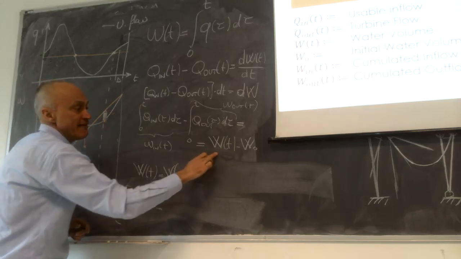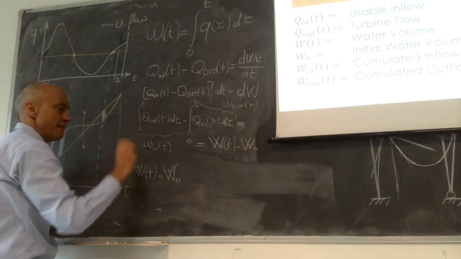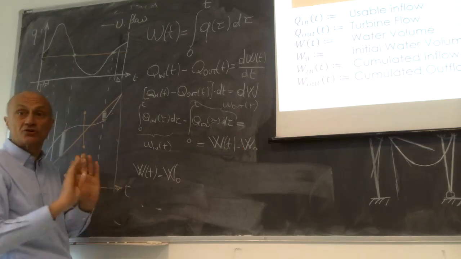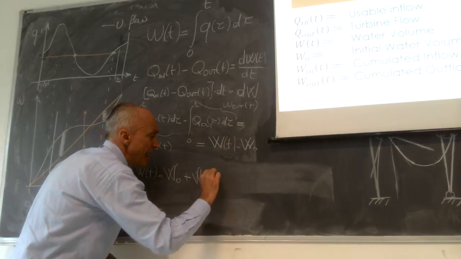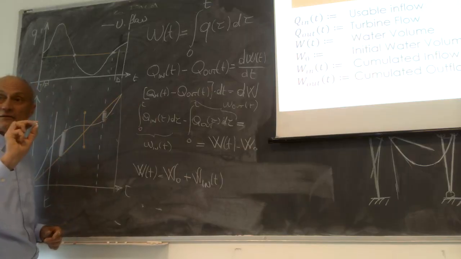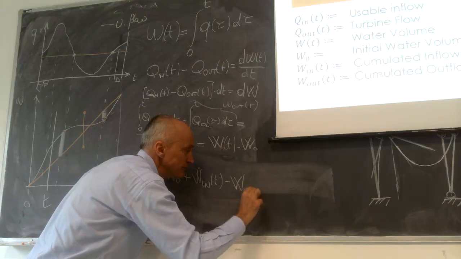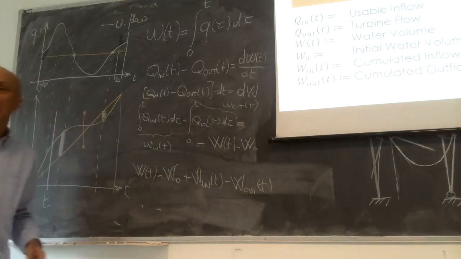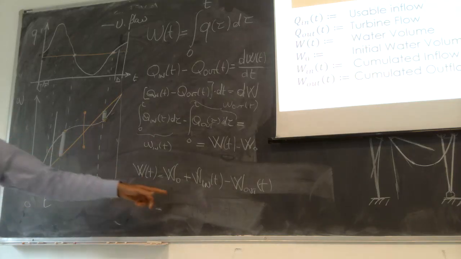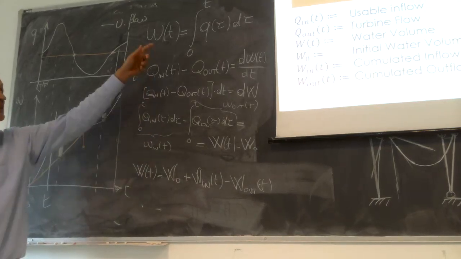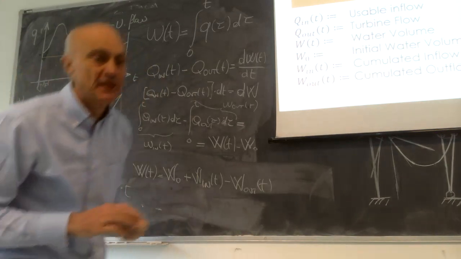The volume we have at any given time, I bring this W0 to the first member, is equal to the volume that was there initially, plus all the volume that got in up to t, minus, of course, all the volume that got out at time t. This is just rewriting the continuity equation in integral terms instead of instantaneous terms, right? Okay.